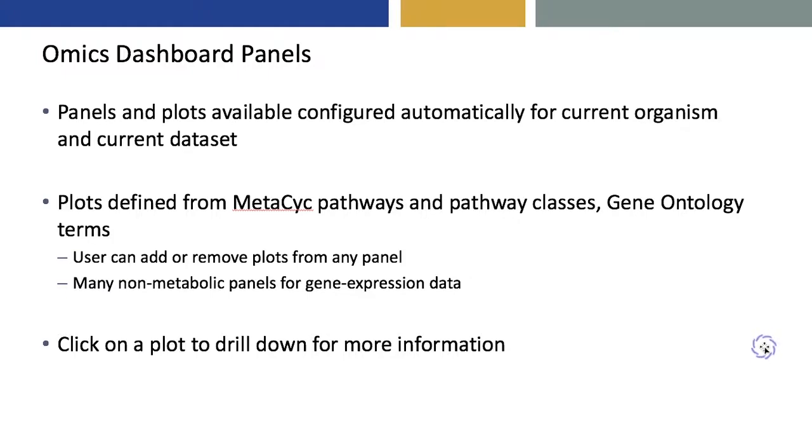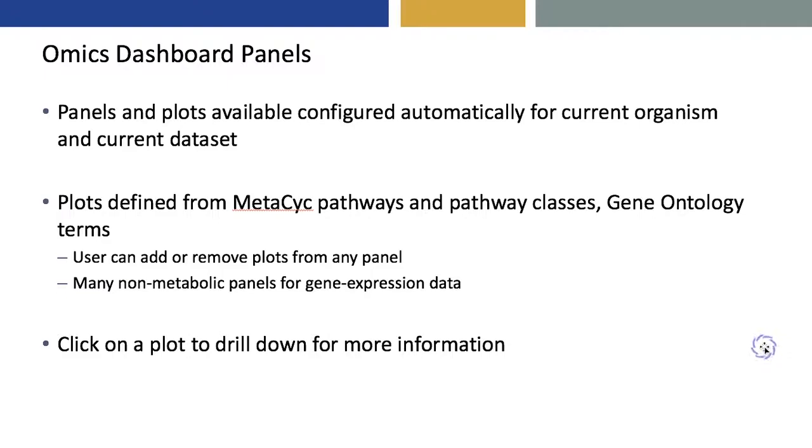The set of plots available are defined from our Metapsych database, from the set of pathways and pathway classes available there, and also from the set of gene ontology terms. In particular, gene ontology terms are used more frequently when the dashboard is displaying transcriptomics data.